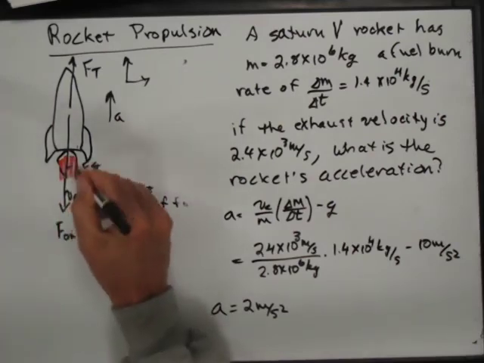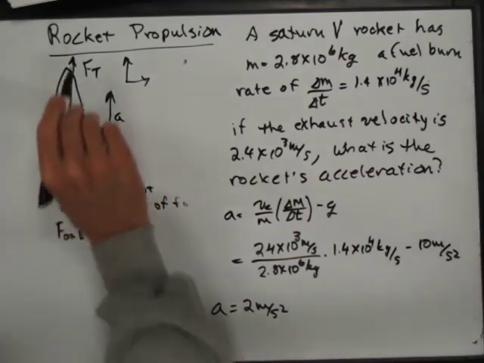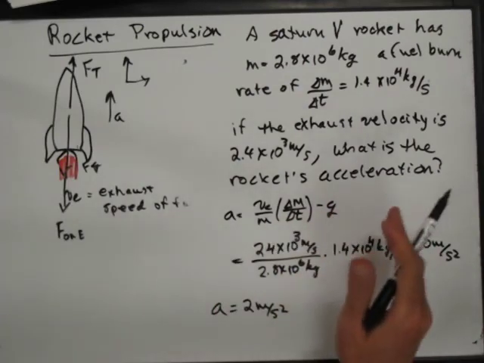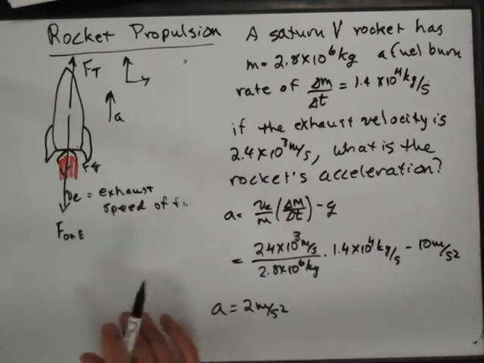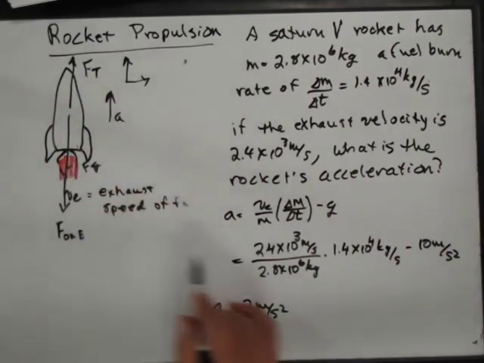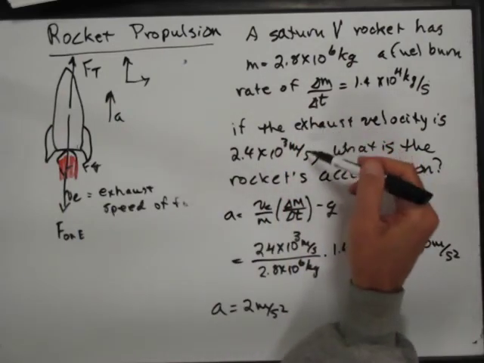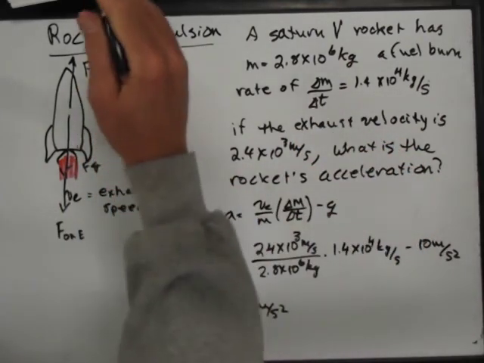This is how rockets work. They just push stuff out the back, and that creates a steady force on them moving forward, and so they accelerate. If you wanted to do a more sophisticated version of this, you would have to take into account the fact that as the rocket is accelerating, its mass is decreasing.